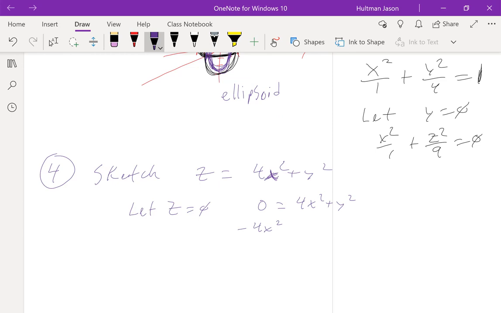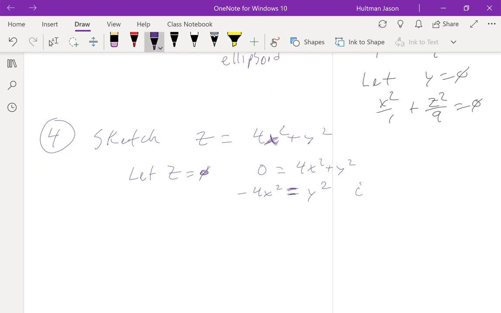That's a negative, right? Negative 4x squared equals y squared. That's kind of weird. We could try to solve for y, the only problem is that we can't. So let's not use z equals 0. Z equals 0 is too weird. There really is nothing at z equals 0 because you're going to get an imaginary number. You're going to get imaginary values at z equals 0.